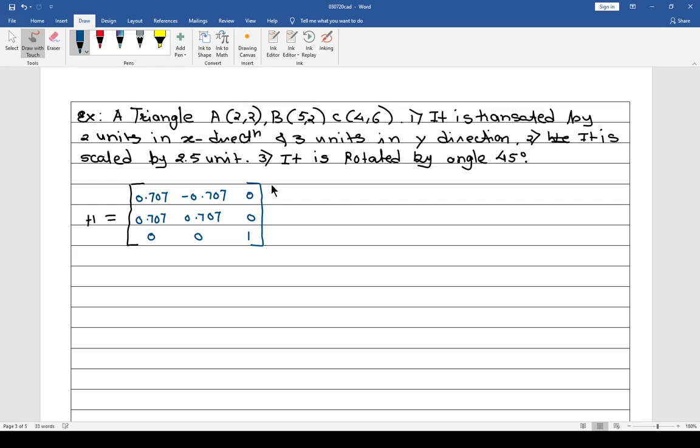So this is my first matrix, which is my last operation.